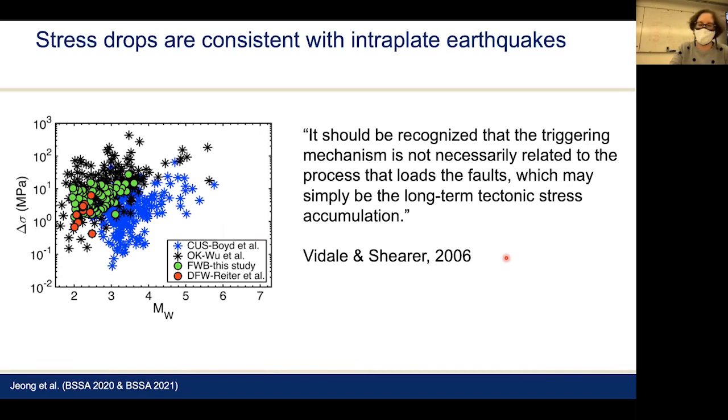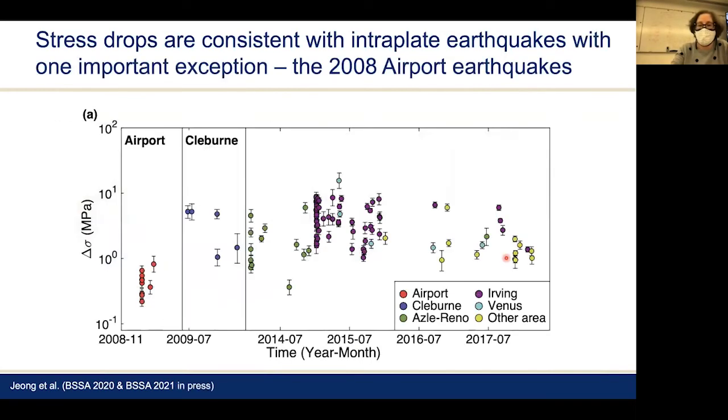We studied stress drops using the GIT method and the EGF method. Most of the earthquakes in the Fort Worth Basin just have regular stress drops associated with intraplate earthquakes. There is one exception, and again, it's the airport where they inject almost directly onto a fault.